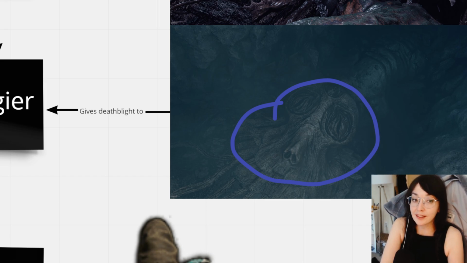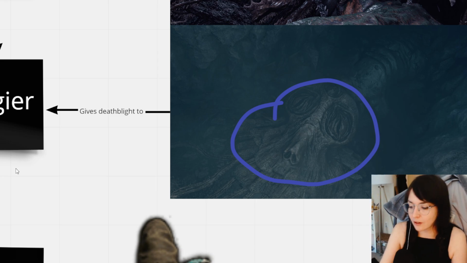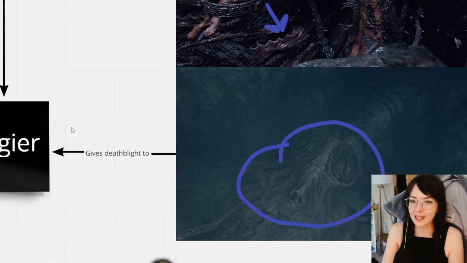I mean, maybe it was, I don't know. There's definitely a conspiracy in my community that Rogier got by Fia somehow, or maybe he got by the tree spirit that's down there that's infected with death blight.